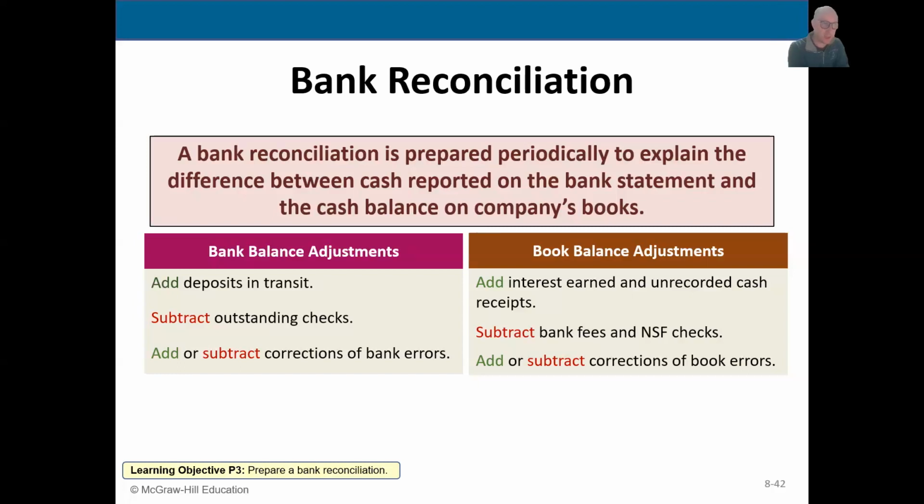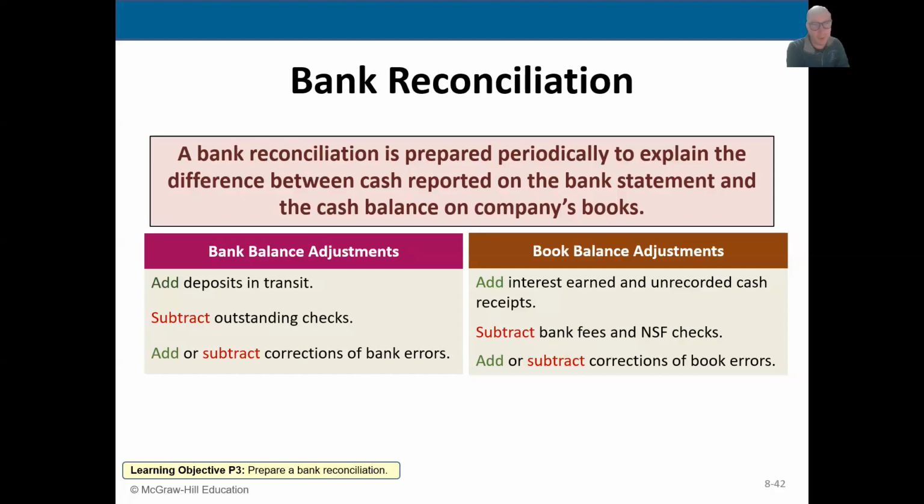Subtract any bank fees or non-sufficient fund fees. Bank fees are fees that the bank charges just for having an account with them. Unfortunately, some banks still do that. And non-sufficient funds fees. Hopefully, that never happens to you. But sometimes a customer might write you a check, and that check is no good because that customer didn't have the money in the bank.